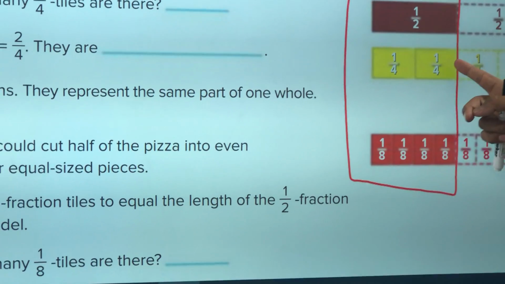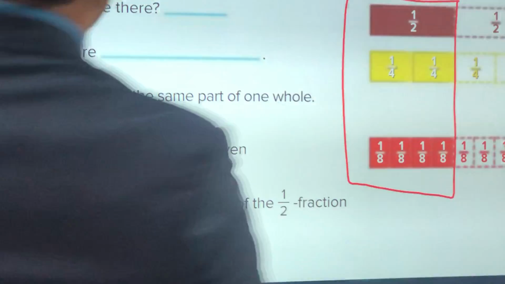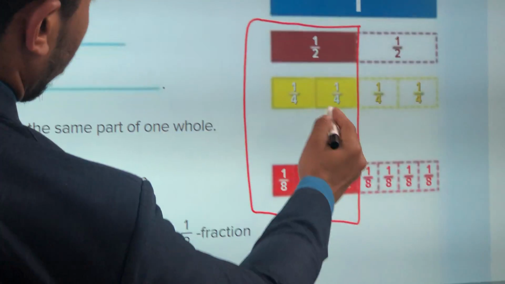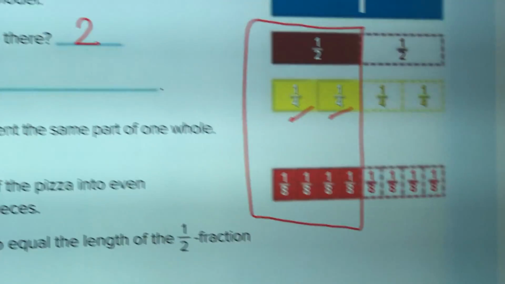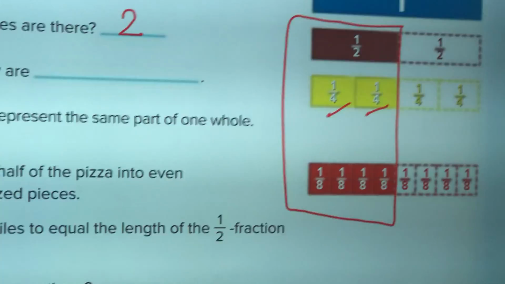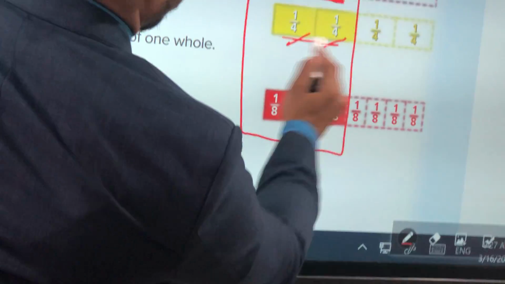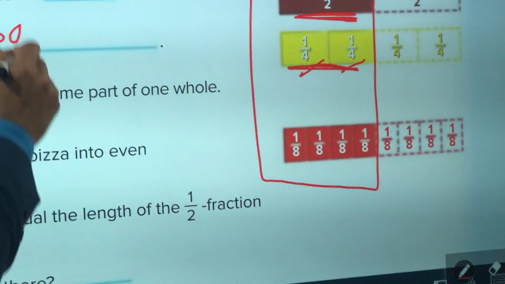And here 2 quarters and here 1 half. How many quarters? Count with me: 1, 2. 2 quarters. So 1 over 2 and 2 over 4. Here, as you can see, 1 half and 2 quarters are equivalent.